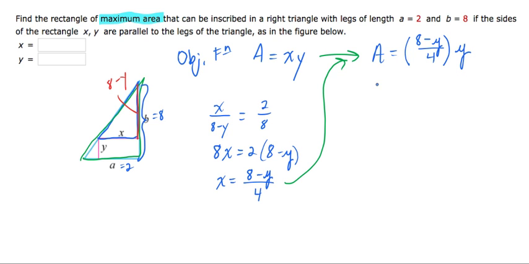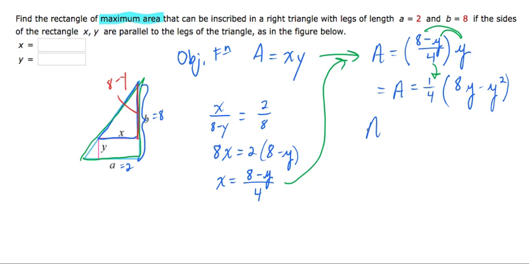Before I differentiate, I'm going to expand and fully simplify this. I'll pull the 1/4 out front and distribute the y, so that's 1/4 times (8y minus y squared). So there's my area function.